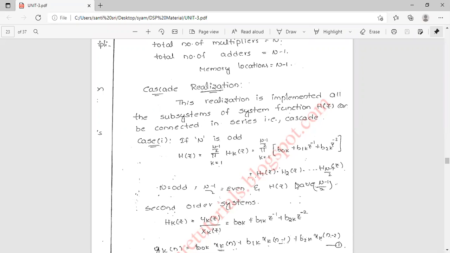So it will become h1 of z into h2 of z into h3 of z up to hn of z.